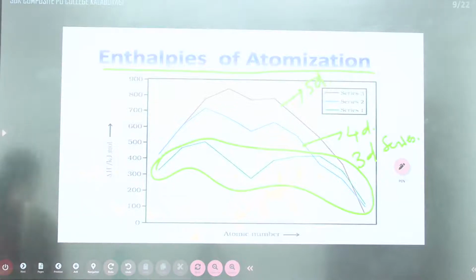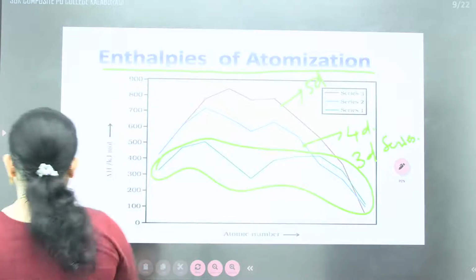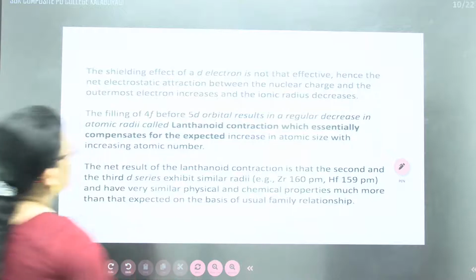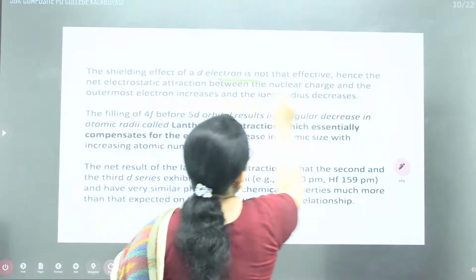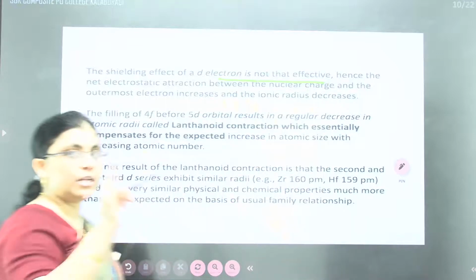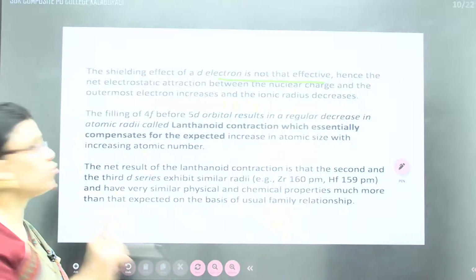When we are dealing with the enthalpy of atomization, we always write that the shielding effect of electrons is not that effective, because we know very well that d will show less as compared to s.